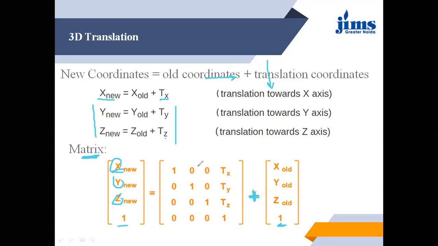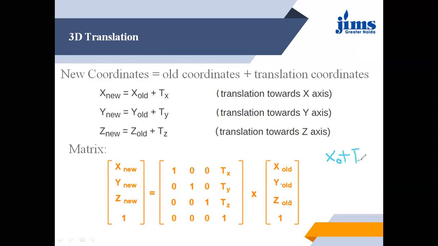So when we try to find the value of this, 1 multiplied by x old is x old, this and this will be 0, this and this will be 0, and Tx multiplied by 1 is Tx.